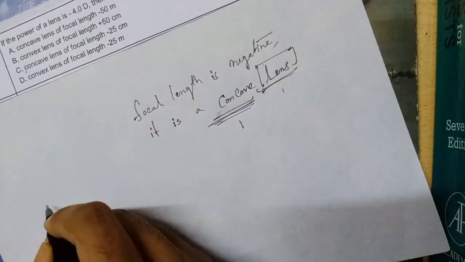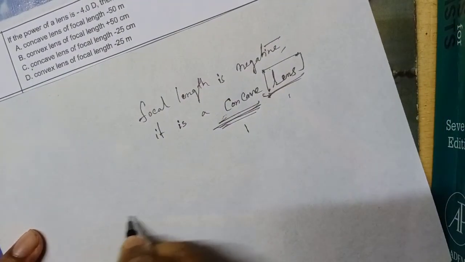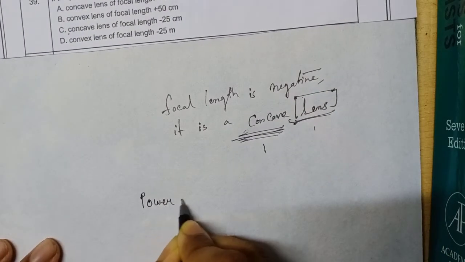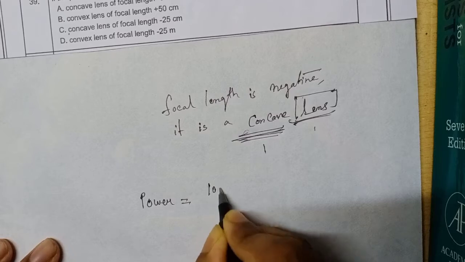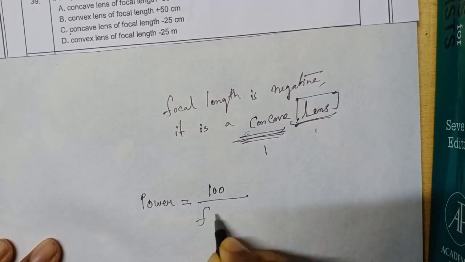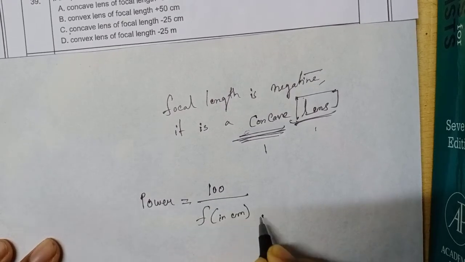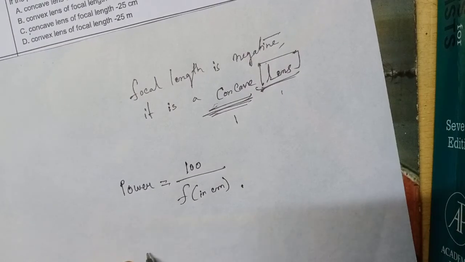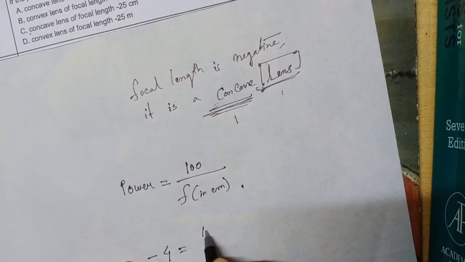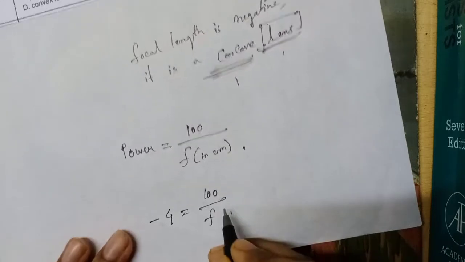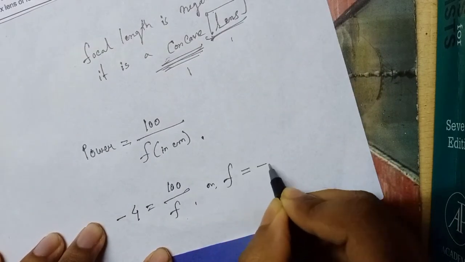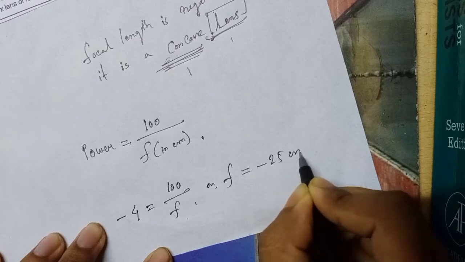Now we know that power equals 100 by f, where f is in centimeter. So power is -4 equals 100 by f, or f equals -25 centimeter.